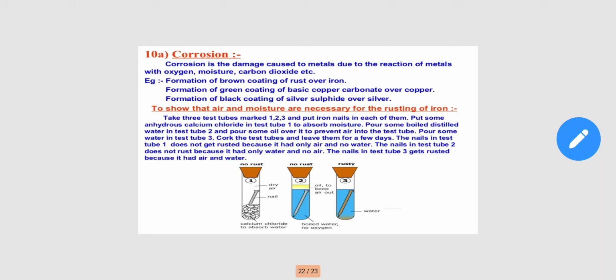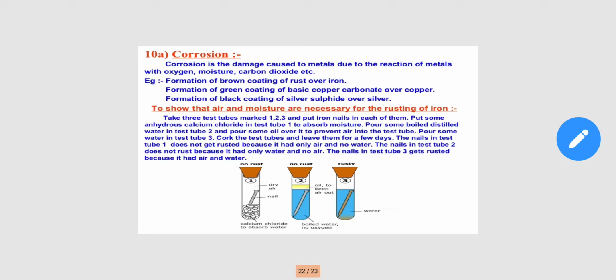Uses of non-metals: oxygen for breathing, nitrogen for fertilizer, carbon as a fuel, and chlorine for water purification. Okay, and the definition of corrosion is the process of slow destruction of metals by air and moisture. Prevention of corrosion is painting, oiling and greasing, and galvanizing.